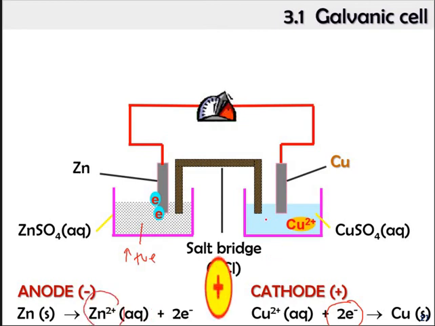Okay, so itulah kegunaan salt bridge, iaitu dia ada solution yang ada ions. So the negative charge iaitu Cl-, and then positive charge from the salt bridge iaitu K+, dia akan pergi ke tempat masing-masing, iaitu Cl- dia akan neutralizekan yang banyak positive charge di sini iaitu zinc 2+.